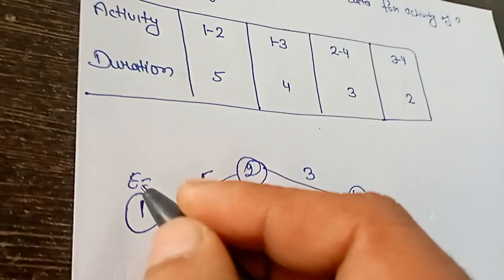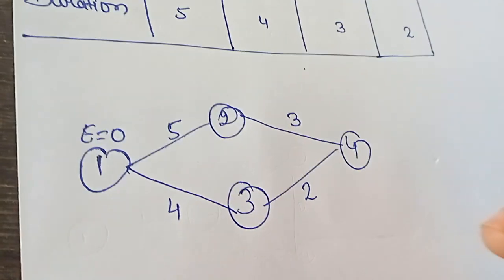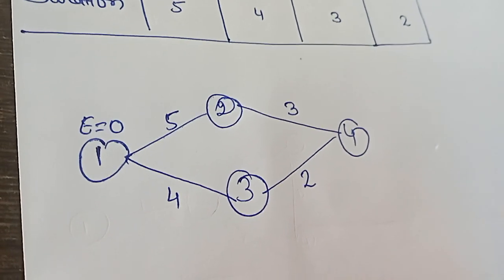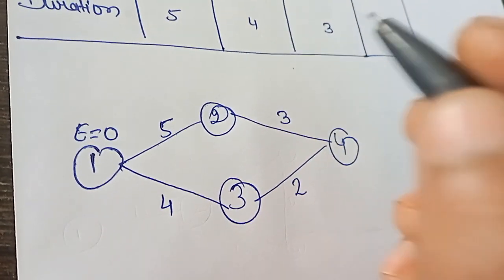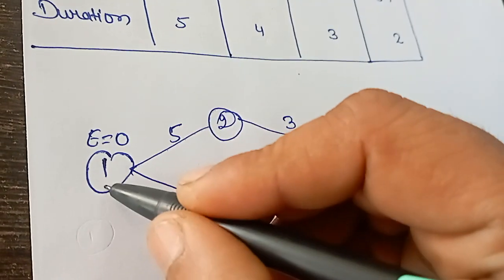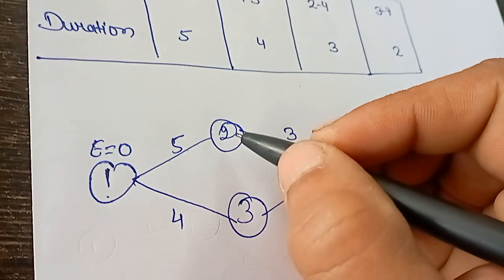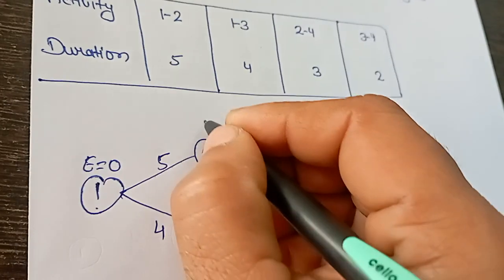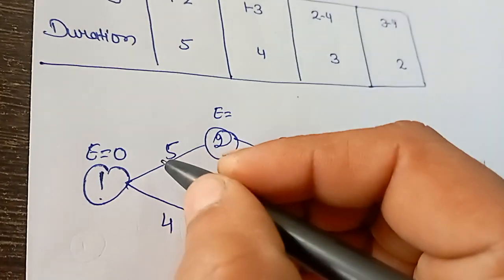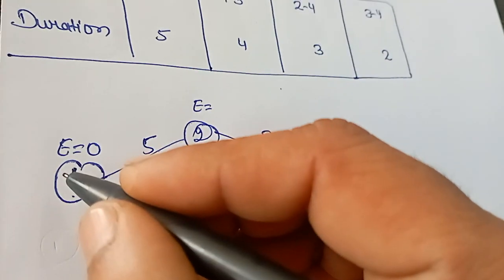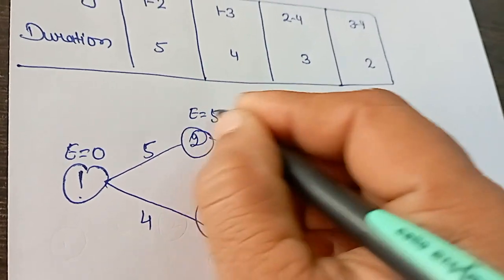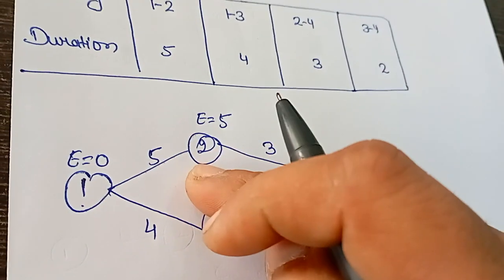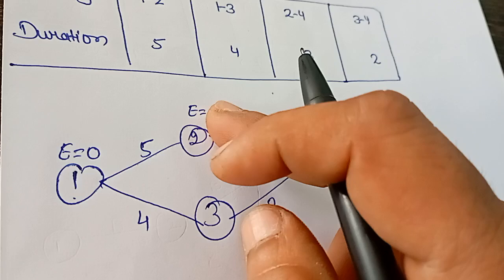The activity first, the earliest starting time, that is 0, means जब भी हम कोई एक प्रोजेक्ट स्टार्ट करते हैं, the starting time will be 0, and from one point to second point, the earliest starting time is 0 plus 5, means starting में हम duration को ऐड करते आएंगे, and the earliest time of this activity is 5.